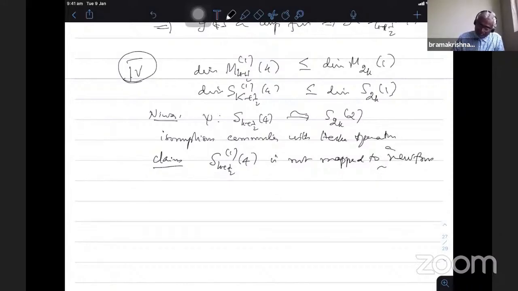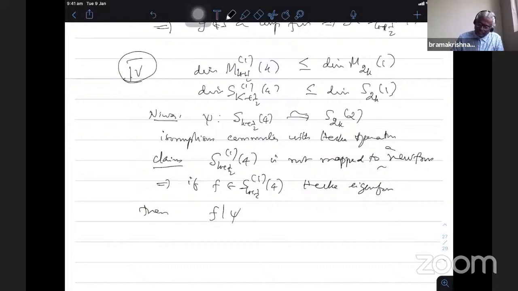So assuming this, we have, if f belongs to S_{k+1/2}^+(4) is a Hecke eigenform, then if I apply Kohnen's isomorphism psi, it is given in terms of a Hecke eigenform of level 1 and its duplication: a constant times F(z) plus some constant times F(2z), where F belongs to S_2k and is a normalized Hecke eigenform.